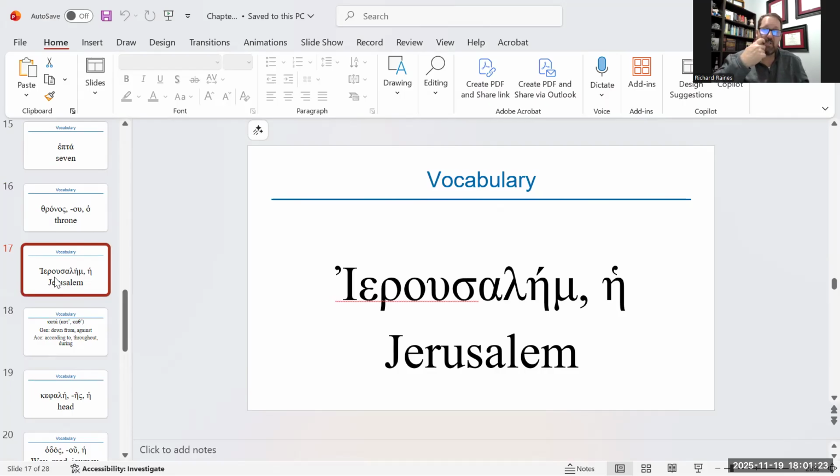The reason we translate it Jesus is because of that yay sound. J is the closest sound we've got to that in English. So in the English-speaking world, he becomes Jesus. Same thing in Jerusalem. We don't have a letter that makes the yay sound, but we have the J sound. And so we've got Jerusalem.